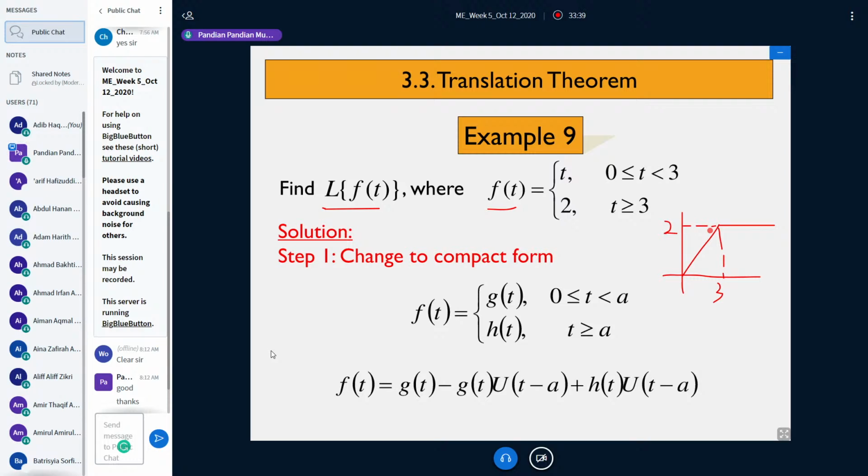We can call this a shortcut as well, an advantage, a shorter way to find it. Now you must write this in the compact form. So here f(t) equals g(t) for t from 0 to a. When t equals 0, this is 0.